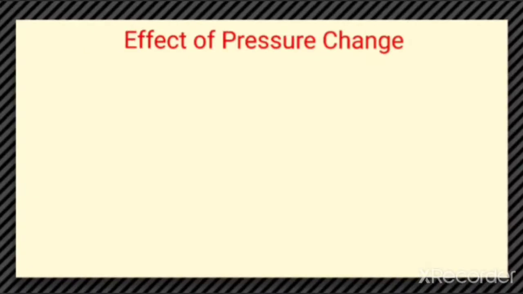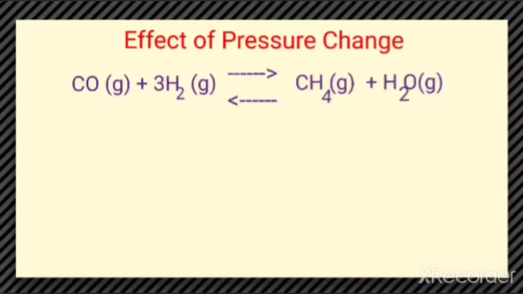Next, we'll be discussing the effect of pressure changes. In order to discuss the effect of pressure at the equilibrium stage, let us consider the equation CO plus 3H2 gives CH4 plus H2O, where the reactants CO and H2 are in the gaseous state, and the products methane and H2O are in the gaseous state.